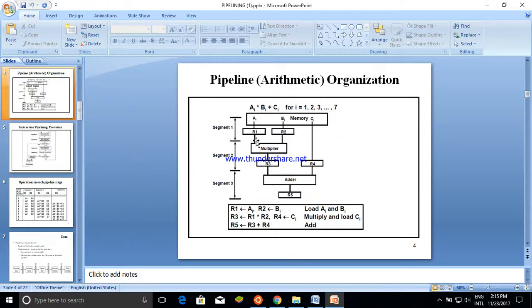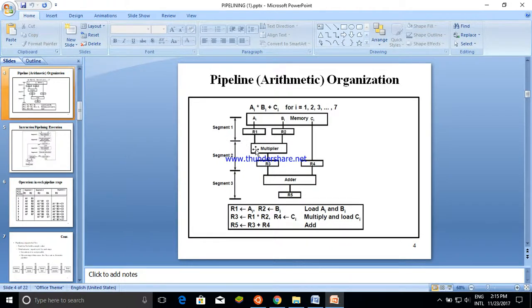There's a memory which stores all the values of a, b and c. In segment 1, in register 1 the value of a will be stored and in register 2 the value of b will be stored.